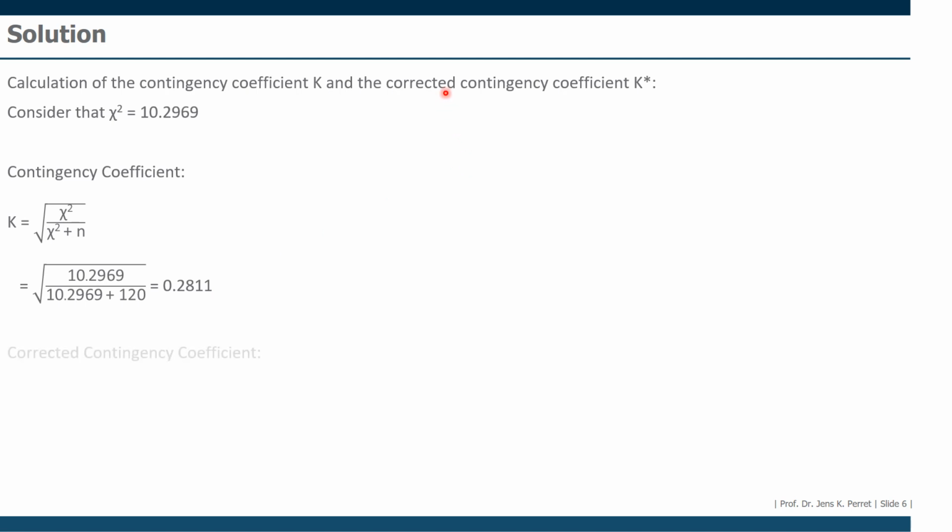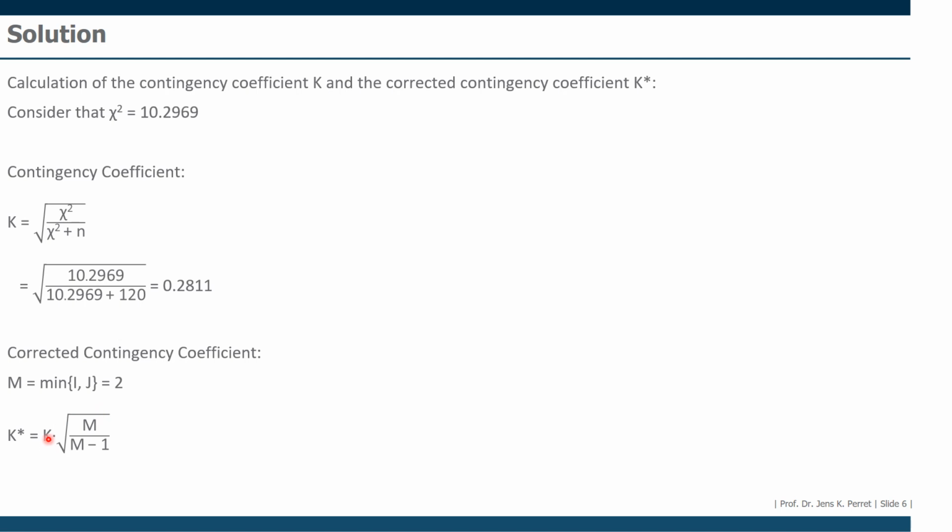For the correction, I'm going to use the parameter m. That's just the minimum of the number of columns and rows. Here I have a 2 times 2 table, so row number and column number are both 2. So my m is 2. Therefore, my correction factor is 2 divided by 2 minus 1, so 2 divided by 1, and the square root thereof.